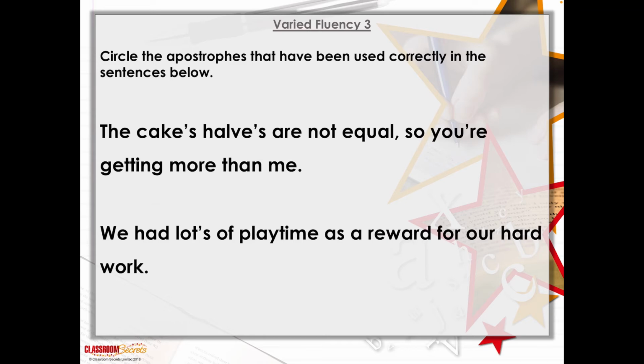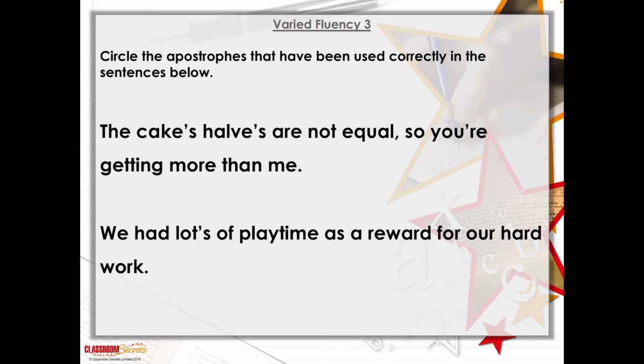And if we have another look at the word you're, has the apostrophe been used correctly in this contraction? Well, let's have a look. It's between the word you and before the letters RE. So you're is short for you are. So the missing letter in this word is A. And so yes, that apostrophe is in the correct place.